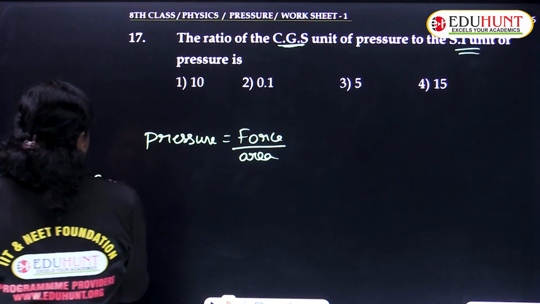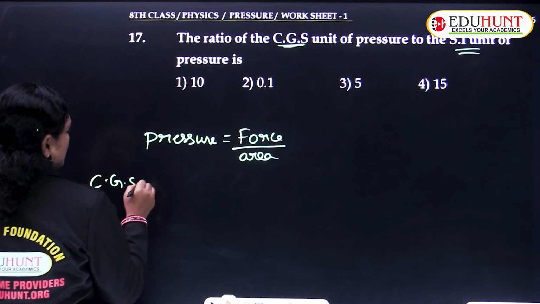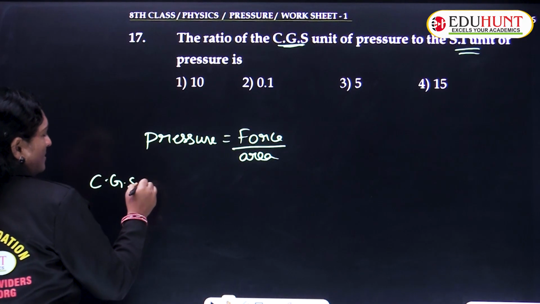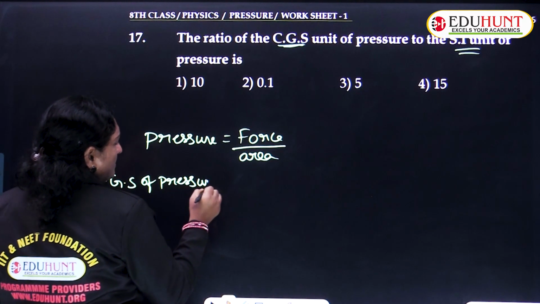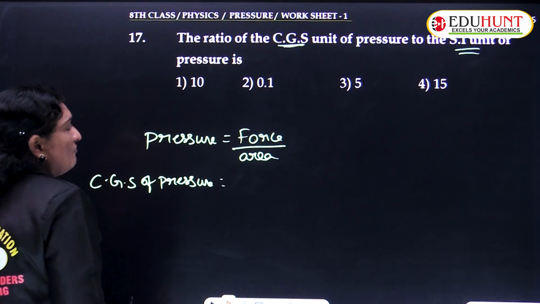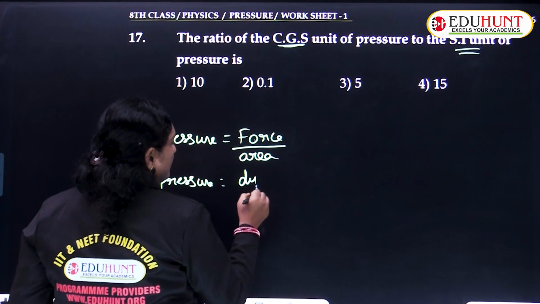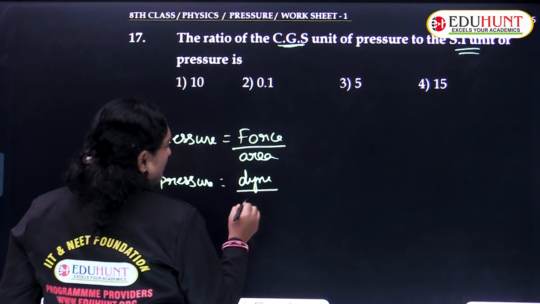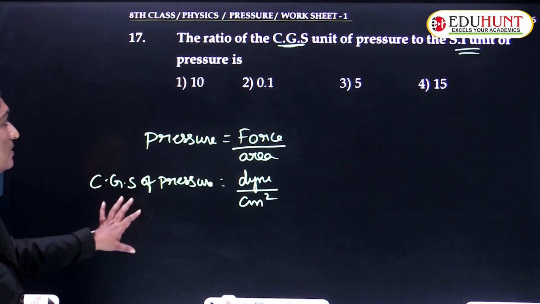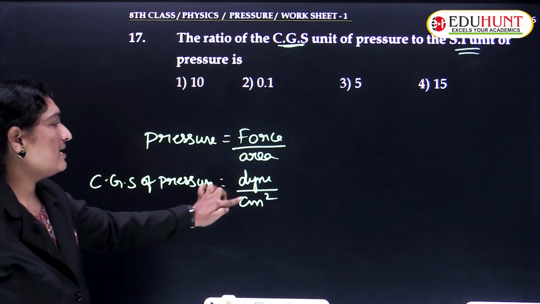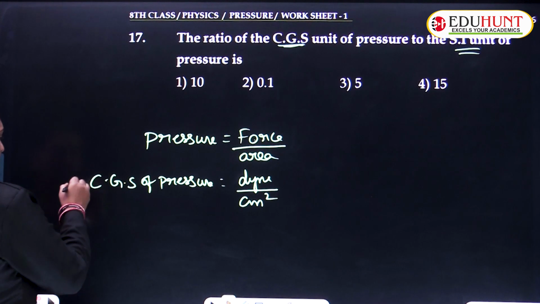First, the CGS unit of pressure. The CGS unit of force is dyne and the CGS unit of area is centimeter square. So CGS it is dyne per centimeter square, first case.